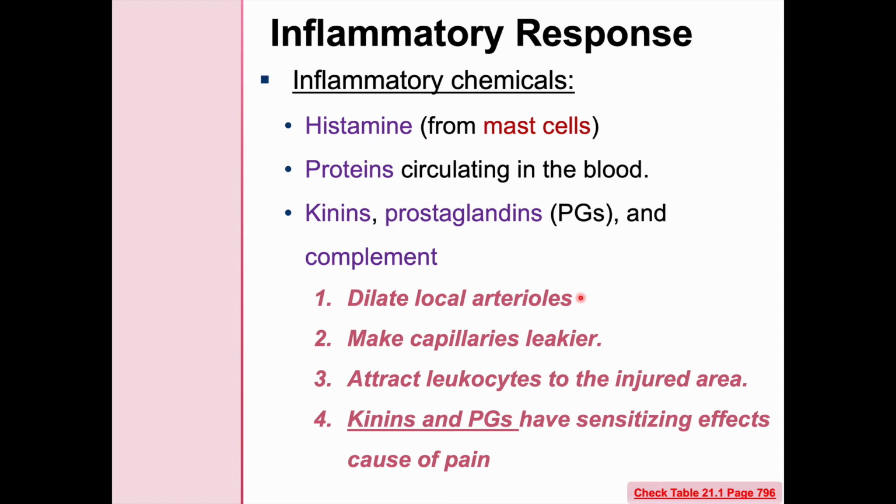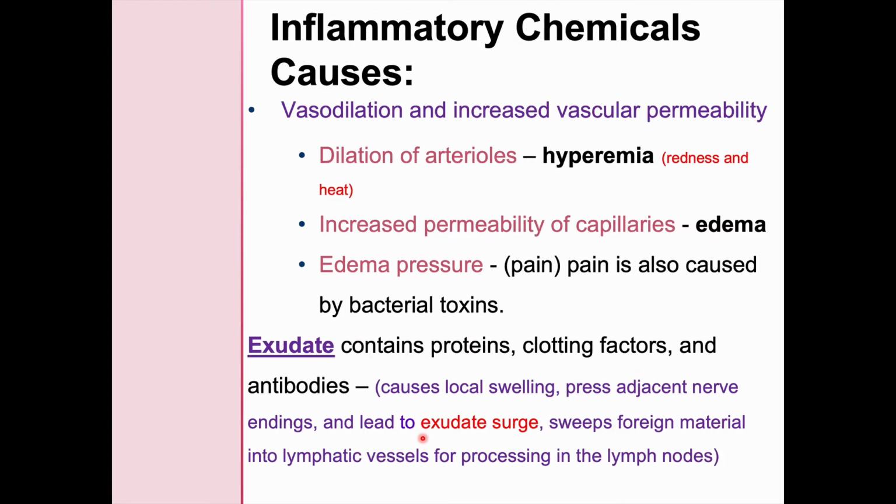The kinins and prostaglandins have sensitizing effects that cause the pain. Generally, along with prostaglandins, the endorphins will be released at the inflammatory site, and that creates the pain response.